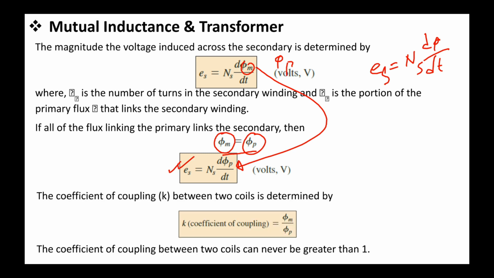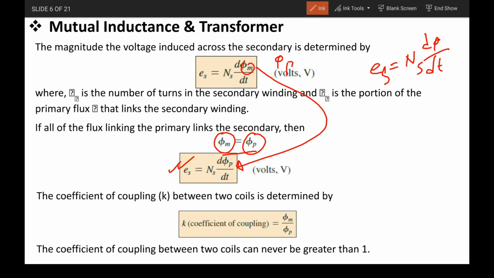Now another new term, which we call the coefficient of coupling. The coupling coefficient refers to how good the coupling is. The amount of flux offered by the primary that is associated with the secondary is called the coefficient of coupling. It is phi m divided by phi p. We know that phi m is the shared portion of phi p, so it could be at most phi p.